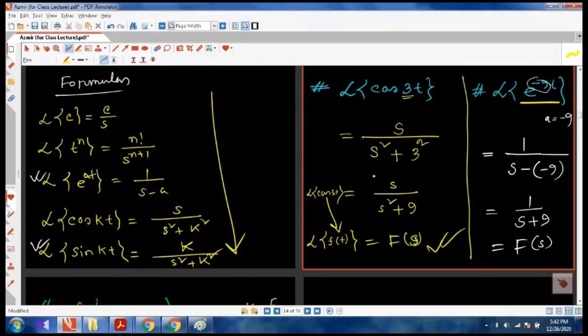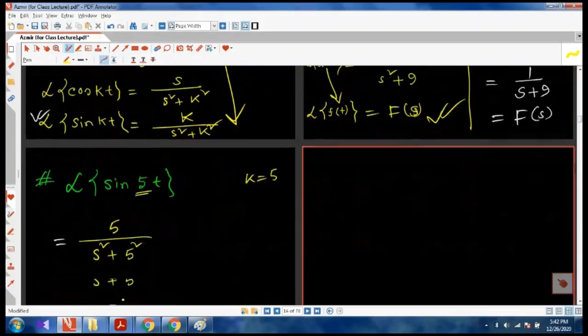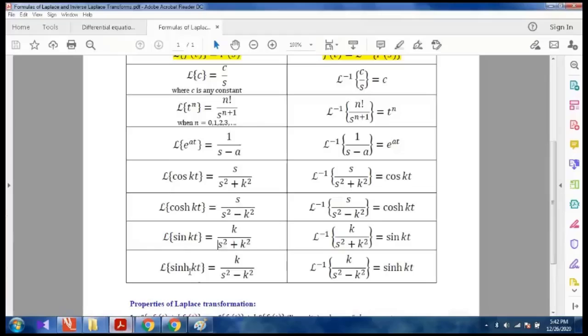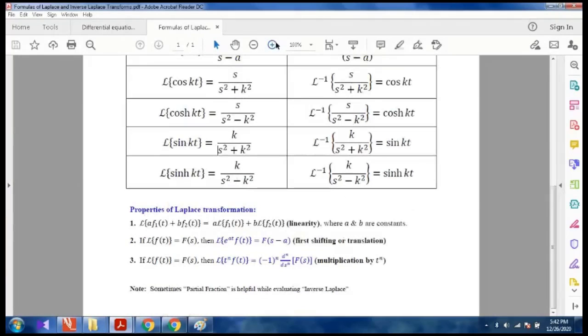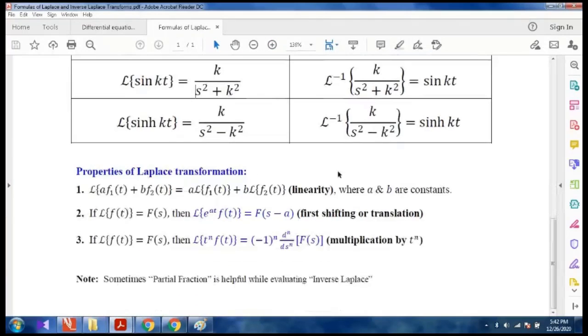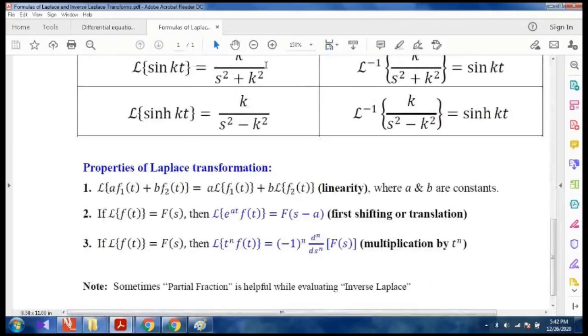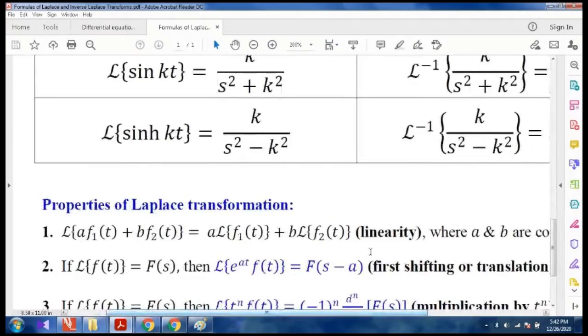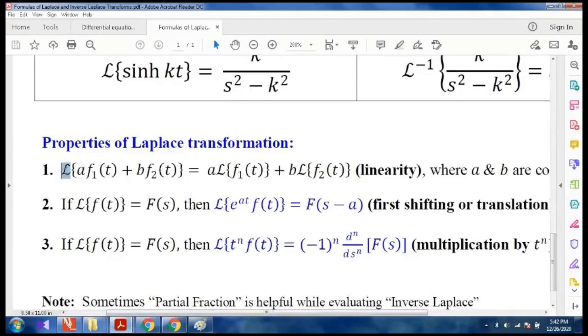But now we have to take an advanced look, because the Laplace transformation has some properties. There are three properties actually. This is the linearity property.